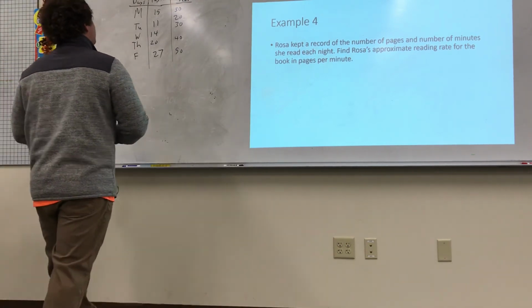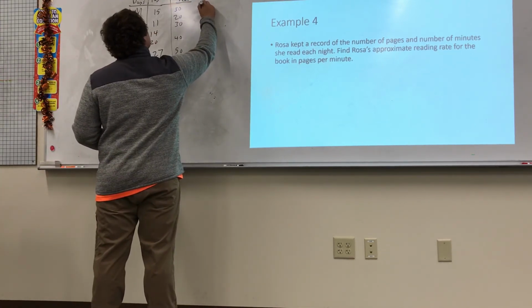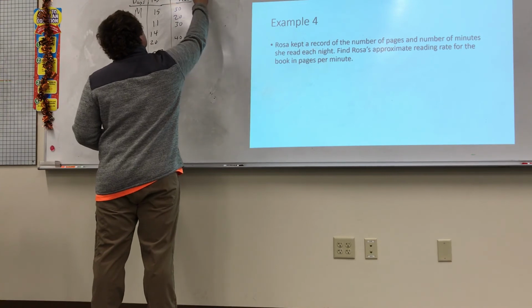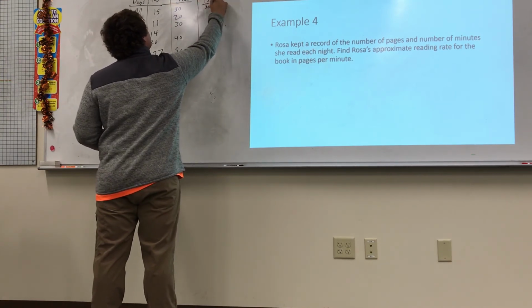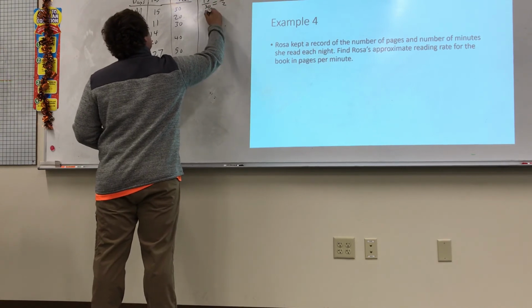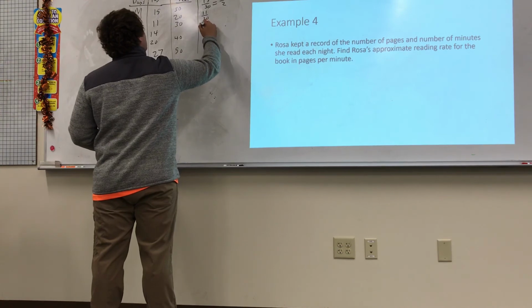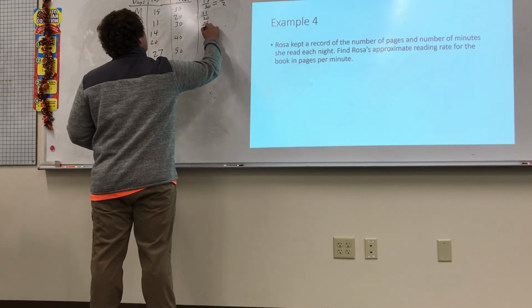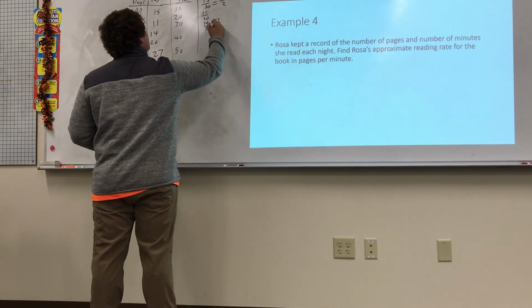Well, pages over minutes. So pages would be 15 over 30, which reduces down to 1 over 2. 11 over 20, I don't think that reduces down. 14 over 30, you can take a 2 out, you get 7 over 15.